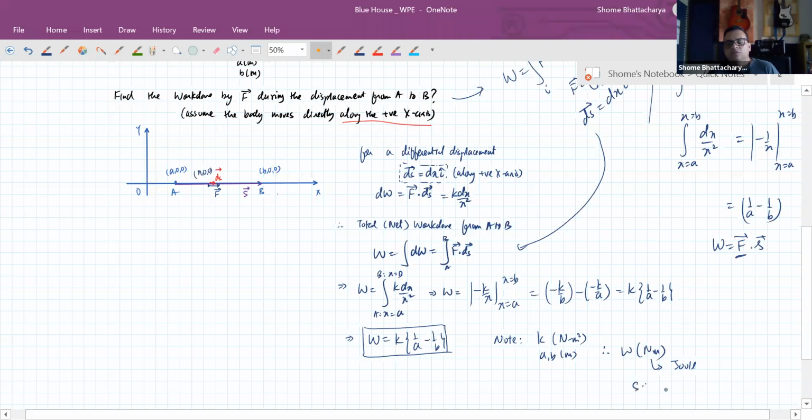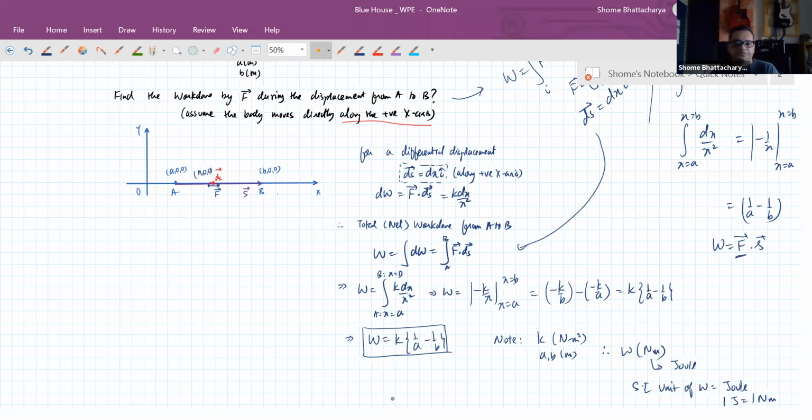The SI unit of work is joule, where 1 joule equals 1 Newton meter. We'll discuss more about units, but in this particular example, you can see how the units come from the physical constants. That is, k, a, and b are all three constants here.